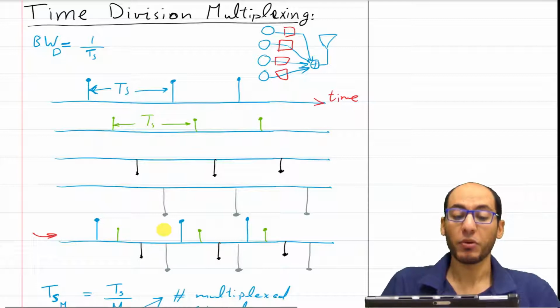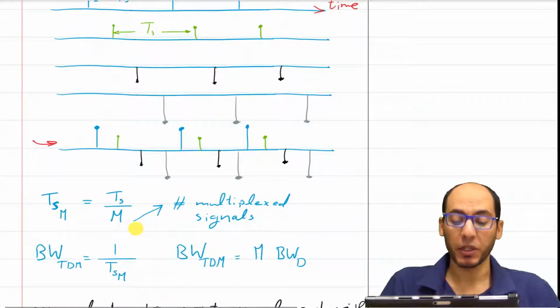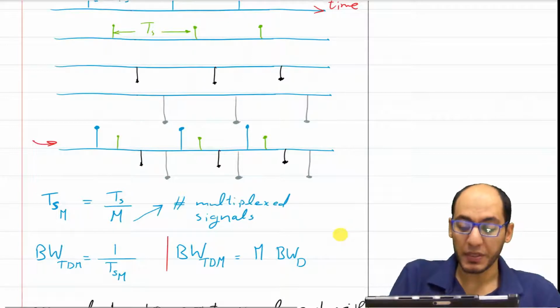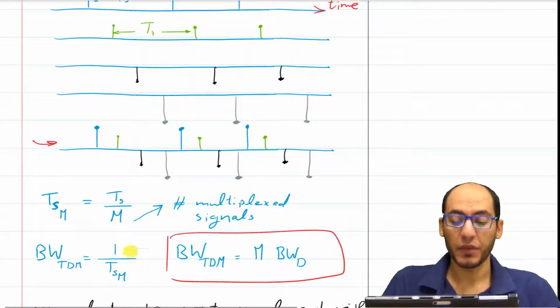But right now, what is the bandwidth of the signal that has been transmitted? It turns out that the bandwidth is going to be multiplied m times the bandwidth of a single signal. Why is that? Because the bandwidth is always 1 over the duration between each 2 samples. The medium does not differentiate between these samples.